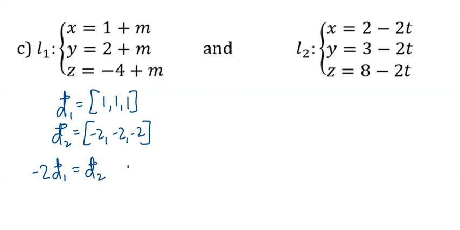So 1 equals 2 minus 2t. And 2 equals 3 minus 2t. And -4 equals 8 minus 2t.